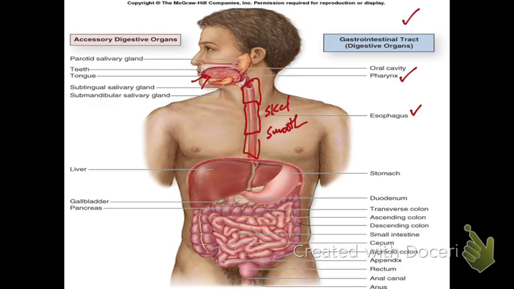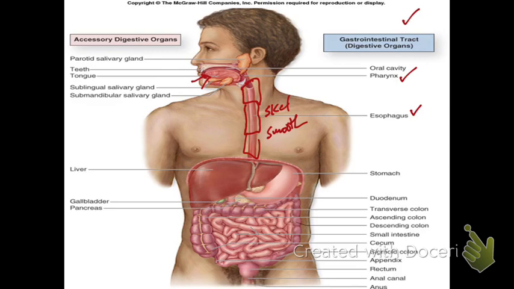So as you begin to swallow, you might swallow a pill or something, and you can feel it in the top of your esophagus. You're swallowing, you're trying to push that down, but there comes a point where you don't have control over it anymore. So as that food moves to the middle or to the inferior portion of the esophagus, we lose voluntary control over trying to move that food.